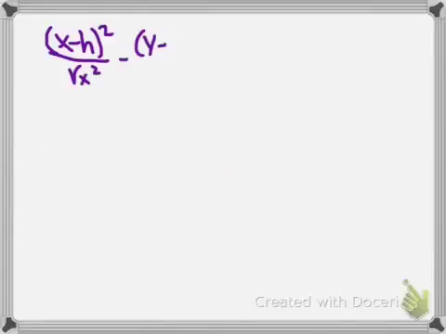Okay, remember from Algebra 2, you have your equation for a horizontal hyperbola. The difference between an ellipse equation and a hyperbola equation is that the two fractions are separated by a subtraction sign instead of a plus sign.